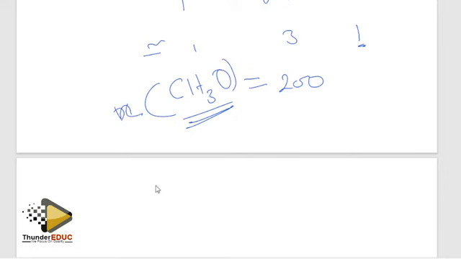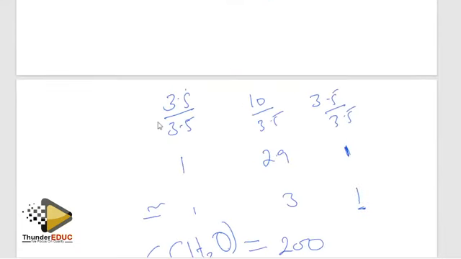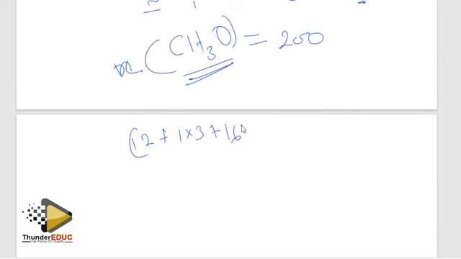So it's going to be 12 plus 1 times 3, then plus 16 times 1, because it's 1. All of it is going to be in the bracket of X, so that we need to find out what X is. This is equivalent to 200.